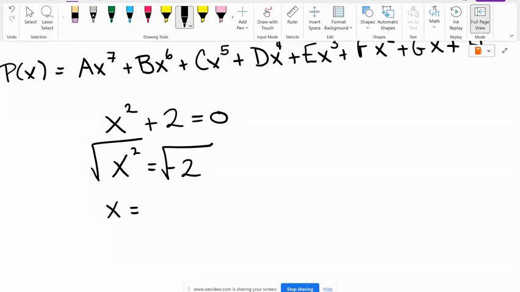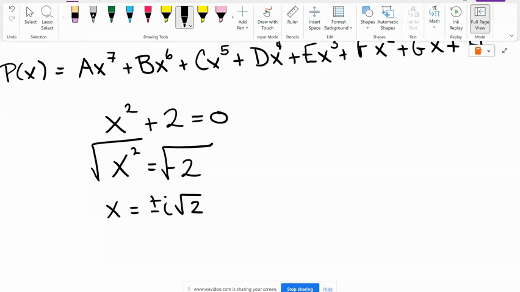Are we allowed to have a negative under the radical? No, that immediately makes it what? Imaginary. But the minute we take the square root, how many solutions do I now have? 2. Don't we have to account for plus or minus? So we'd have plus or minus i root 2. And the only way we get an imaginary number is when you take the square root of a negative number, right?